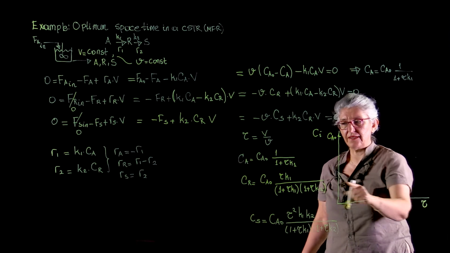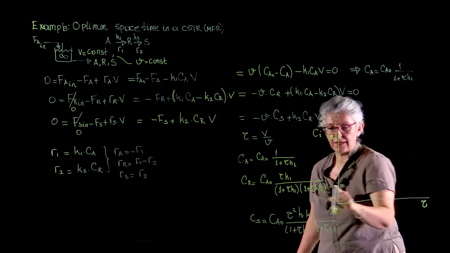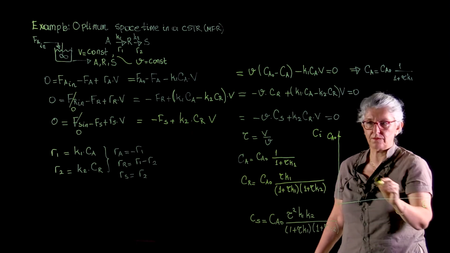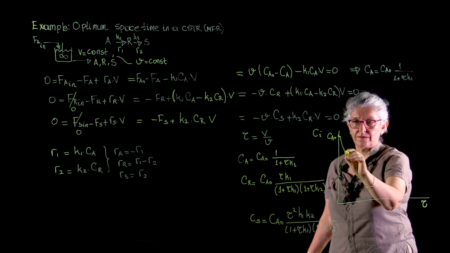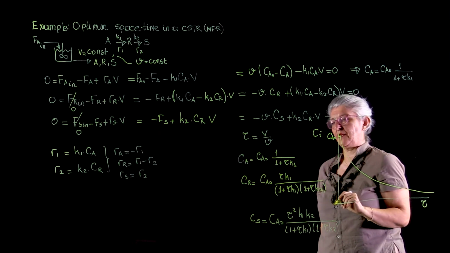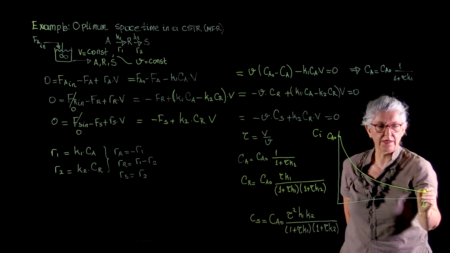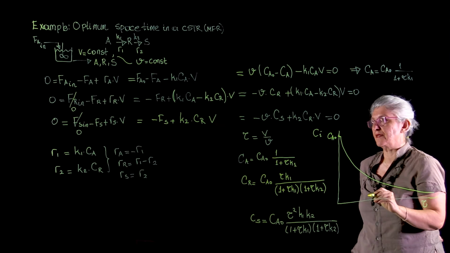And as space-time goes to infinity, Ca asymptotically approaches 0. So this is the behavior of Ca as a function of space-time. The longer the space-time, the less the exit concentration of A.